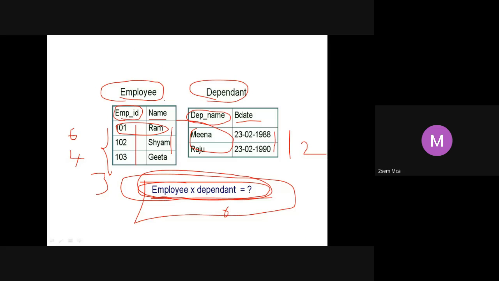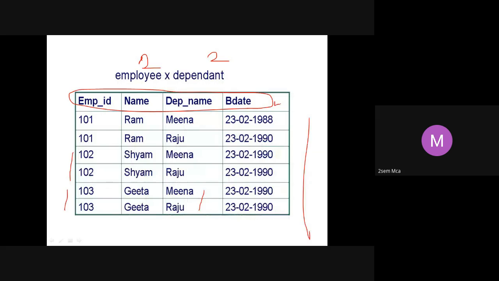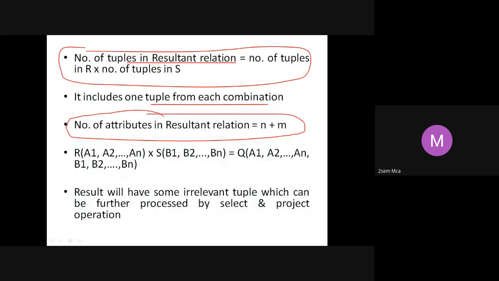Here you have 2, that is n. Here you have 2, that is m. So your resultant will have n plus m, which is 4. So number of tuples will be number of tuples in R into the number of tuples in S. Number of attributes will be n plus m.